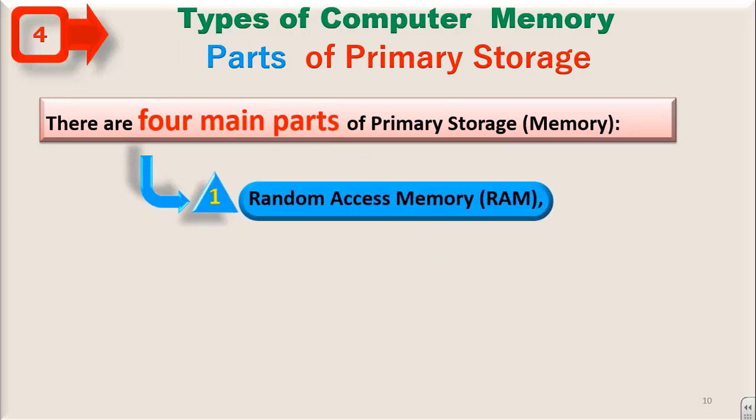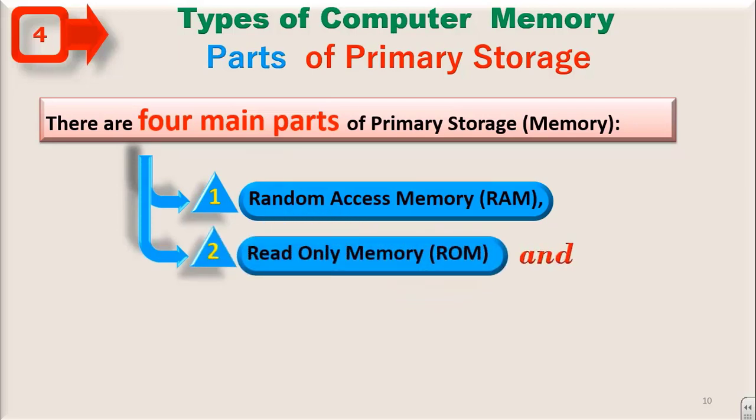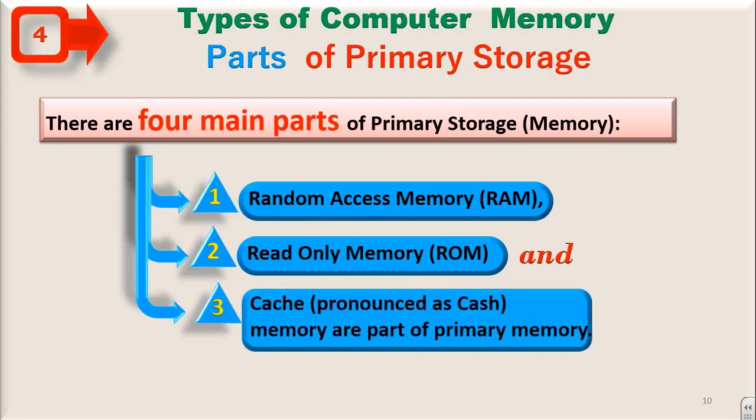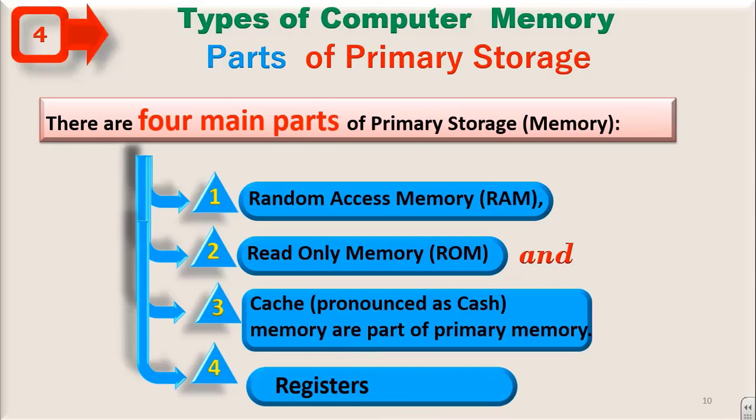First, random access memory, RAM. Second, read-only memory, ROM. And the third one is cache, pronounced as cash memory. These are the parts of primary memory. There is one more memory which is very fast memory. It is registers.